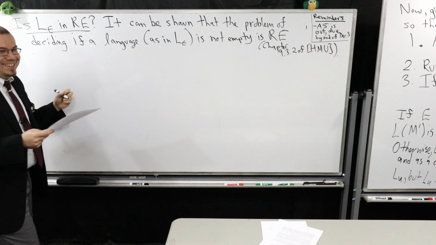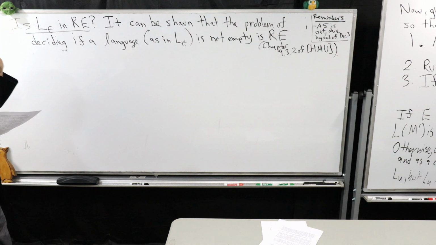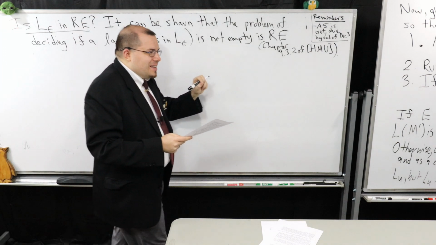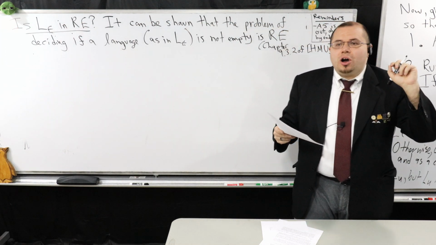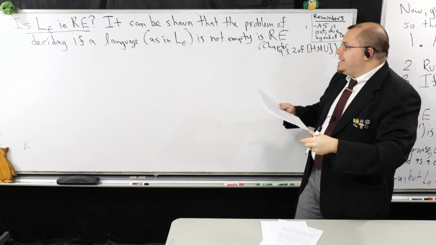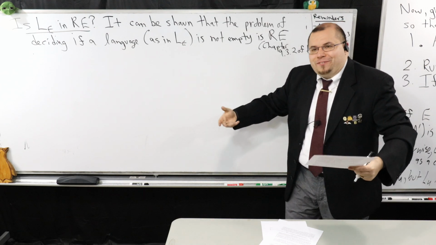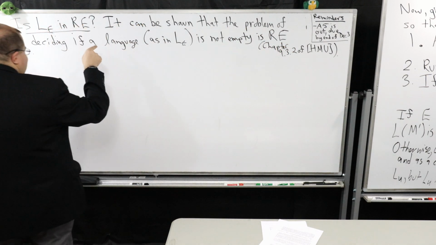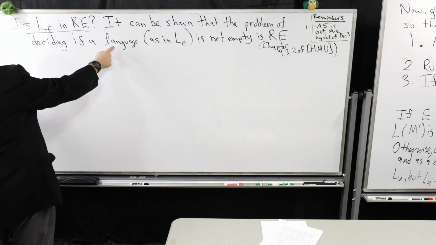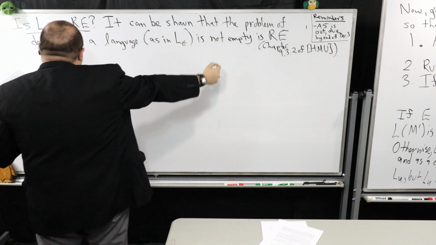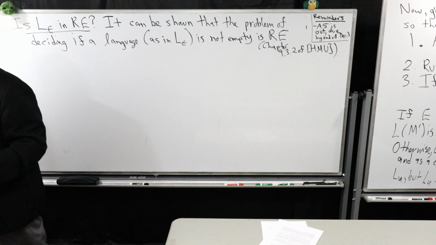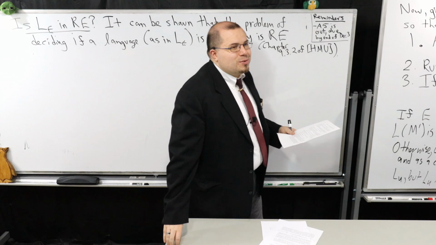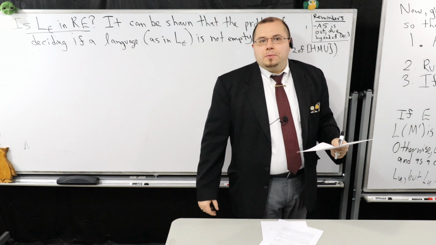It's not, exactly. If it was, in fact, the way you can prove this, I give some more details about this in the notes, but you can just use contradiction. Just assume that both LE and this language were, in fact, recursively enumerable. And then you just point your finger and say, okay, well, this language here is recursively enumerable. So if LE was also recursively enumerable, that would also imply LE is recursive, right?